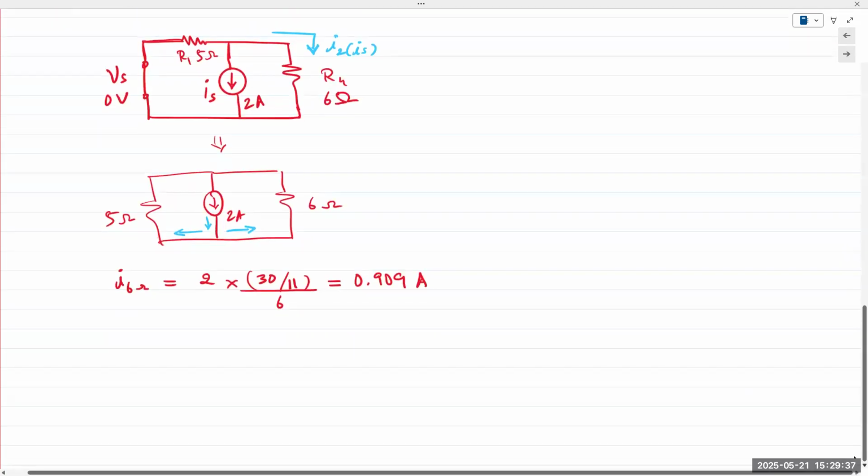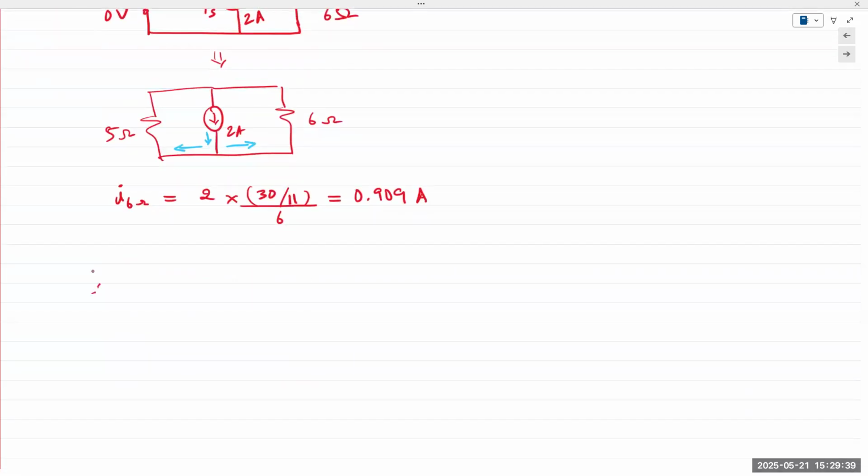So what is my actual I2? 0.909 plus 0.909, right? That is the principle of superposition.